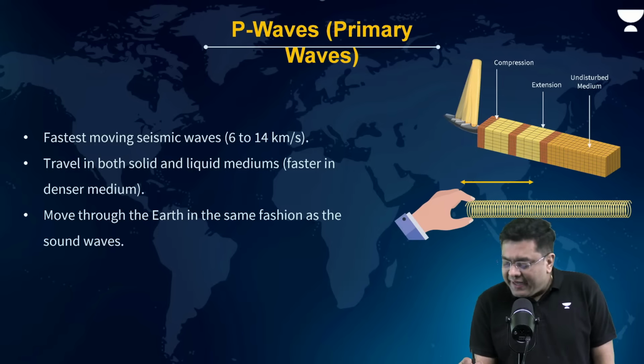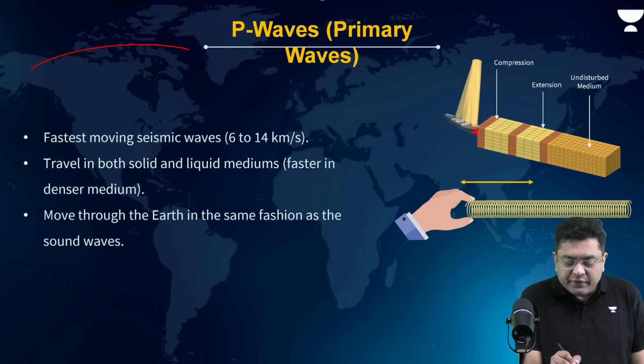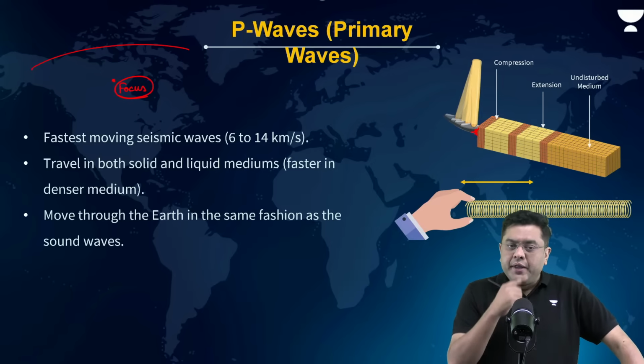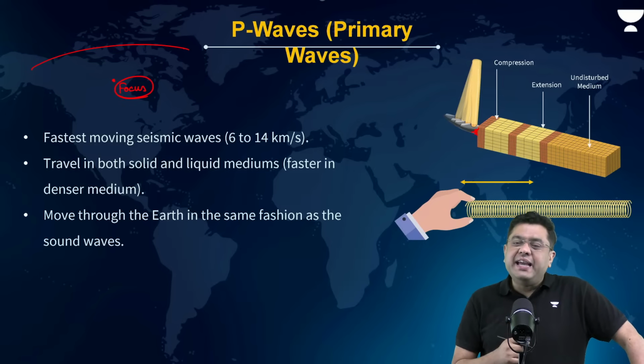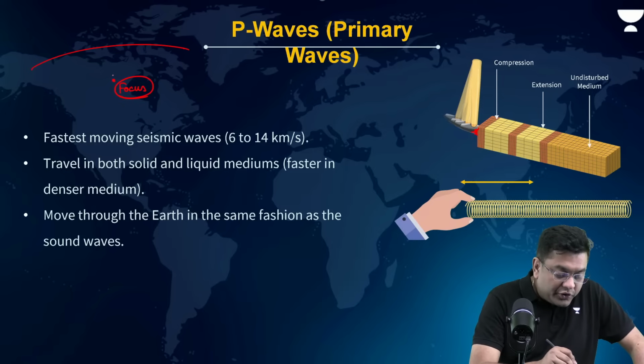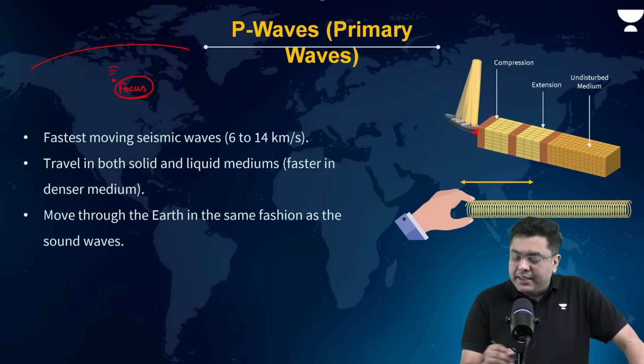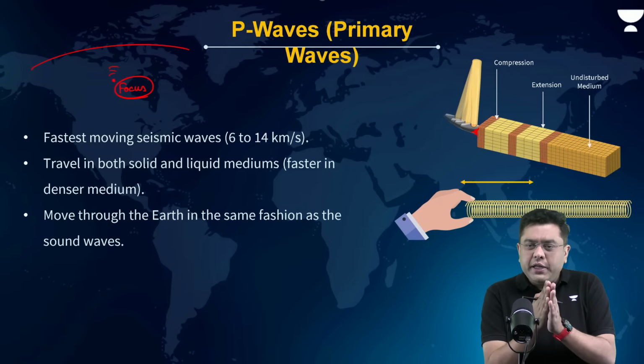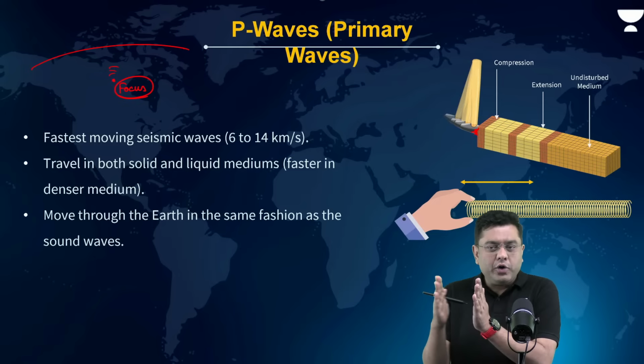Now, let's suppose this is the point from where, let me represent this surface. This is your focus. From here, basically, energy has been generated, energy has been released. So this energy which is released will push the materials closer and expand them also.